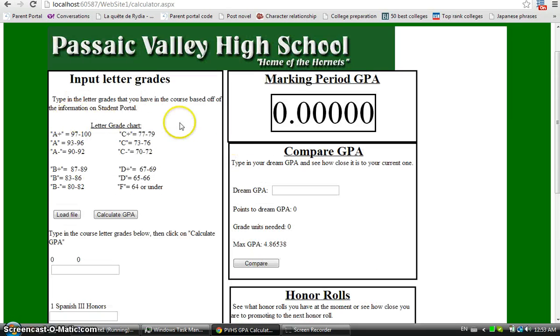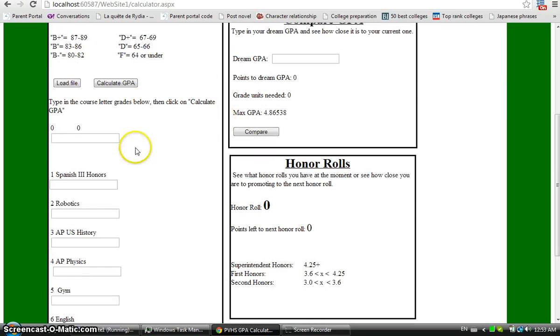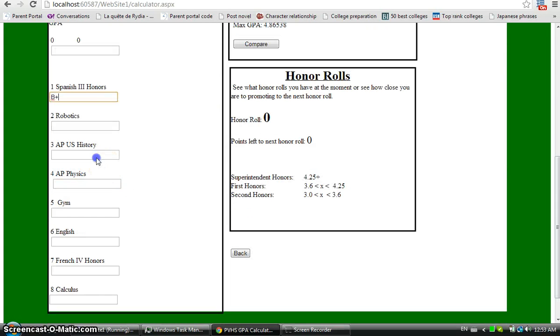So first, let's create a multi-period GPA. I'm just going to type in random information.